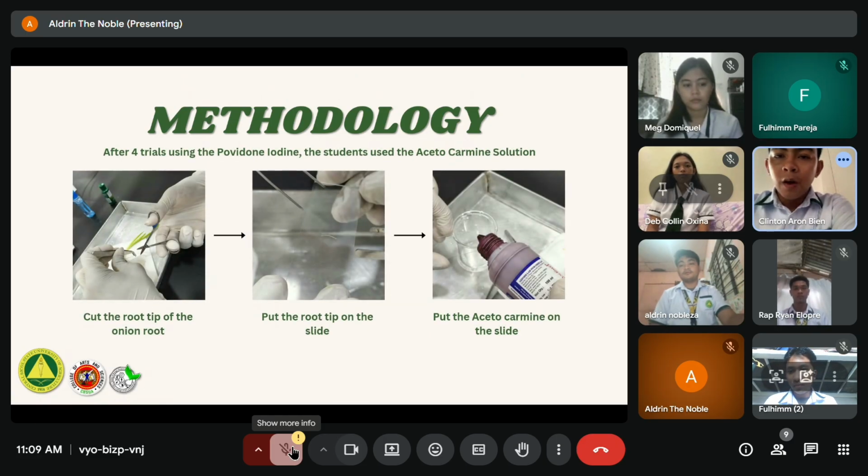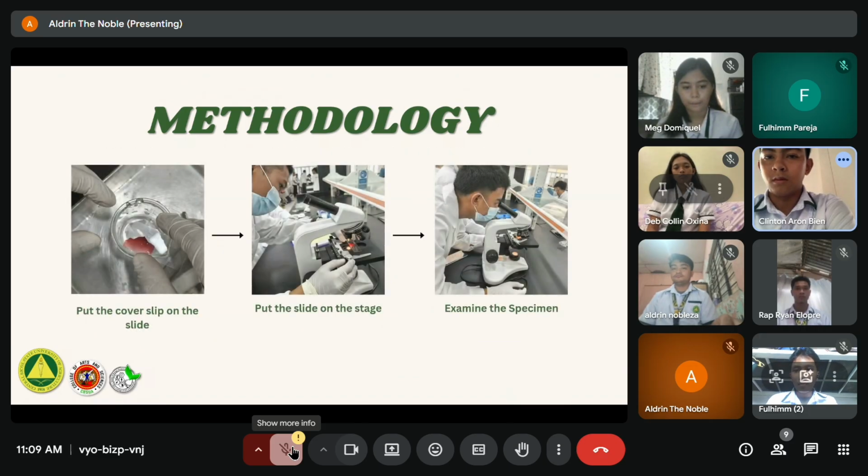Cut the root tip of the onion root, put the root tip on the slide, put the acetocarmine on the slide, and next slide. Put the cover slip on top of the slide, put the slide on the stage, then examine the sample of our onion root.